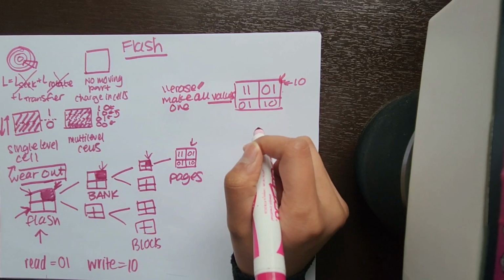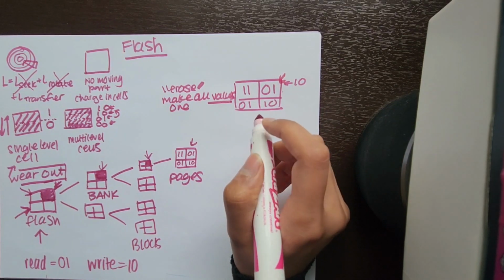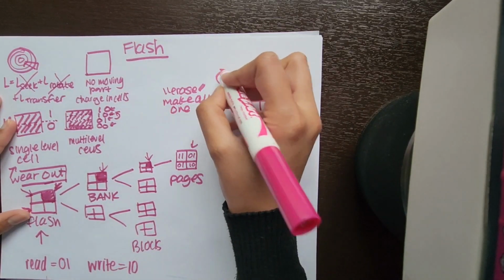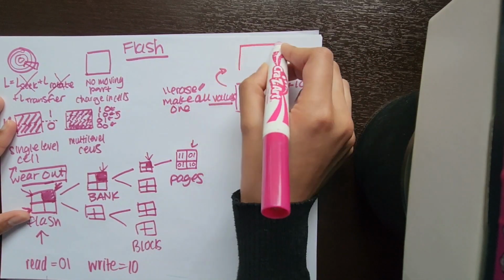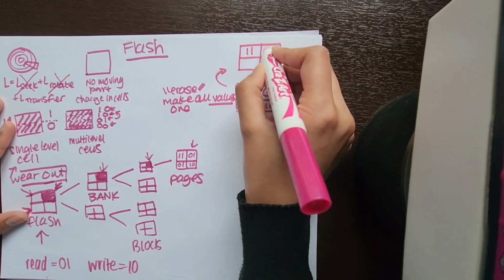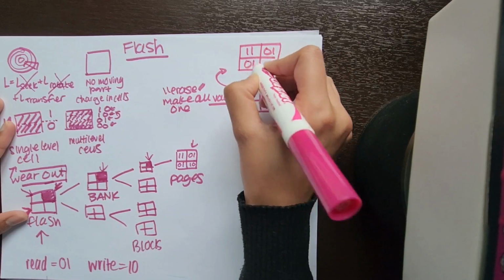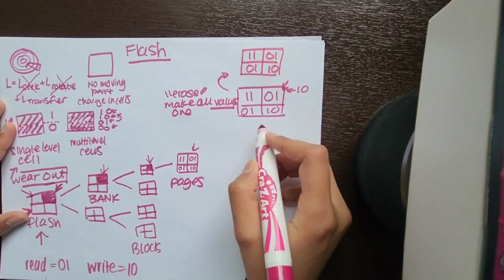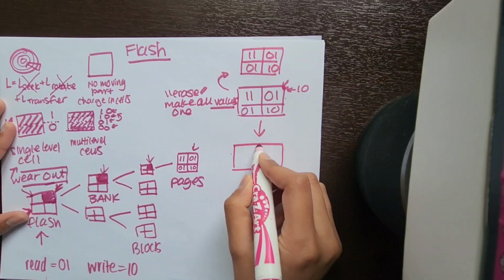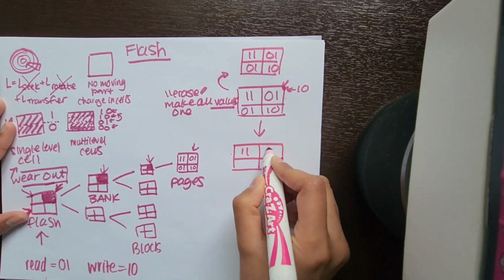And that's the problem. So first we have to copy this into memory, and we're going to remember that, oh, this is the data that we had, and then we're going to erase it. You have to erase every single thing and make it all 1s.